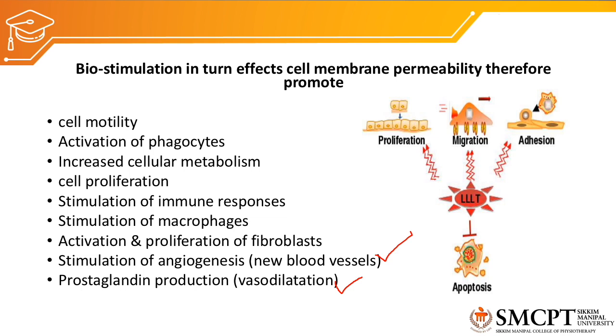So this too will enhance tissue healing by increasing blood supply, nutrition and oxygen. The biostimulation will counter apoptosis. Apoptosis means the death of cell. So these are some of the effects of biostimulation in tissue healing.